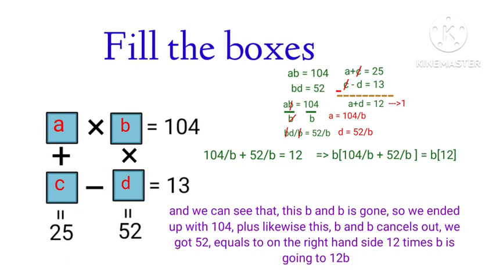We can see that this B and B is gone, so we ended up with 104, plus, likewise, B and B cancels out, we got 52, equals on the right hand side 12 times B, which is 12B.